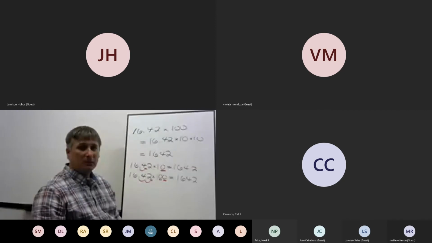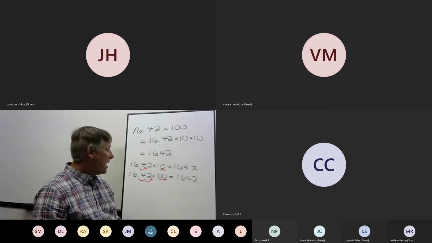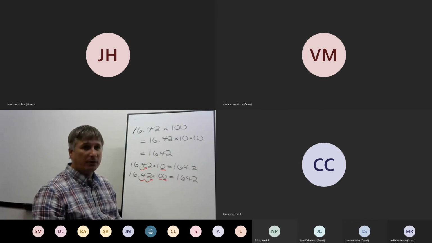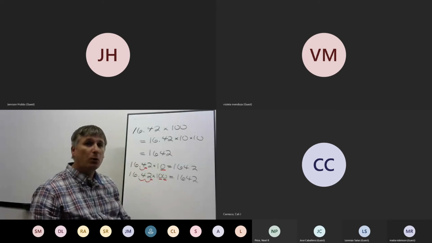So what we can do, looking at the number of zeros, that will tell us how far we need to move our decimal point. And this is where we're multiplying by 10 multiple times.